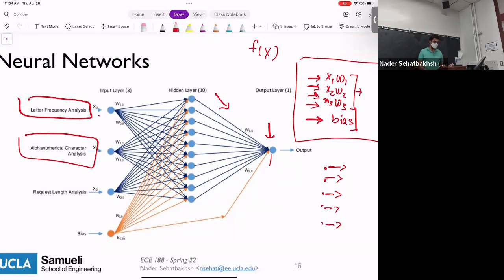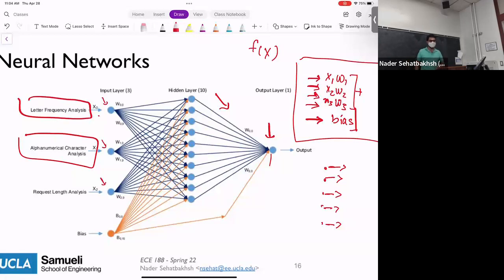So for example, frequency analysis, character analysis, length analysis, and all those things. So these are different features. And as I said, features could be a finite number of values. Okay. So if this is image recognition, that would be different pixels. All right. They actually go into what is called an input layer.